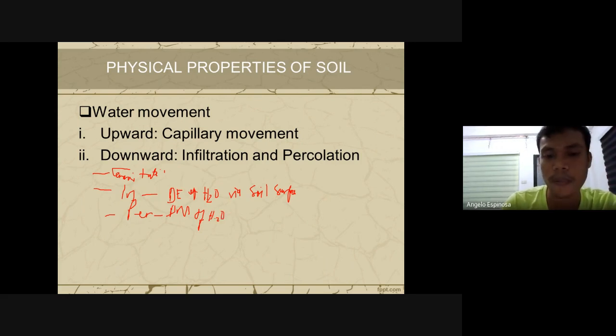Penetration sa soil. Magkaiba po ang infiltration sa percolation.